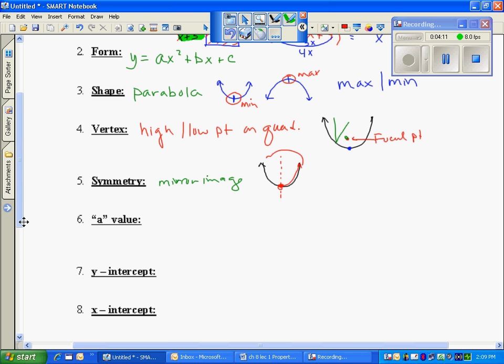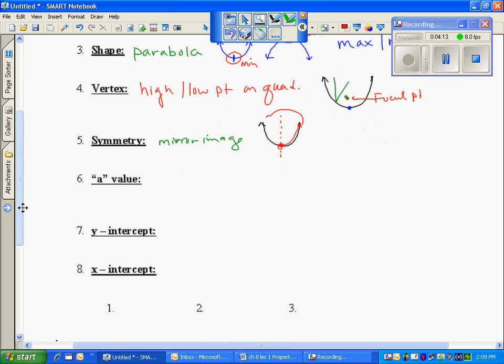The A value, looking back at my general form of a quadratic, standard form is what it's sometimes referred to. The A value is this first coefficient. The A value is on x squared. And this A value is going to tell me the direction in which my parabola is going to open.